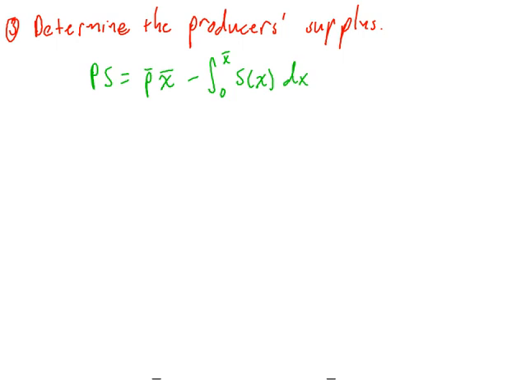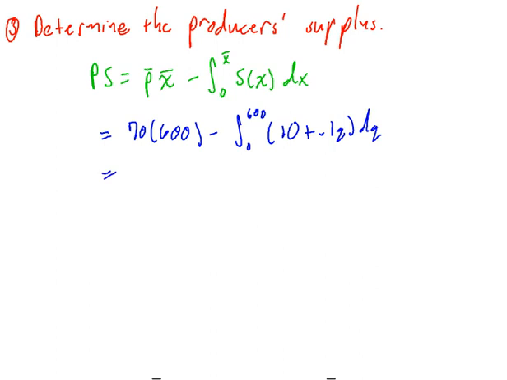For this specific example, our P bar, our unit price, was 70 and our quantity was 600, minus the integral from 0 to 600 of our supply function, which was 10 plus 0.1Q dQ.